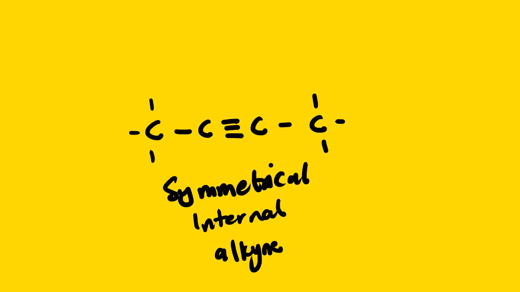Let us look at our examples. Suppose we have a pentyne. Let us actually put the triple bond here. We hydrogenate it with hydrogen in the presence of a catalyst.